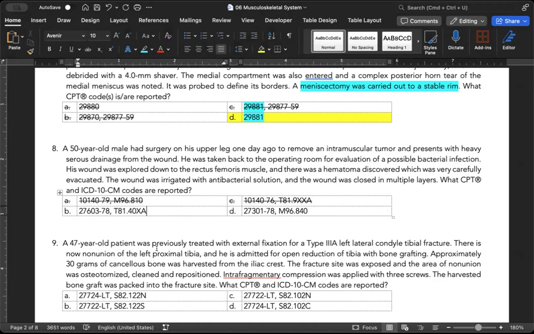So did we do an incision and drainage, leg or ankle of a deep abscess or hematoma, or did we do incision and drainage, deep abscess, bursa, or hematoma of the thigh or knee region?